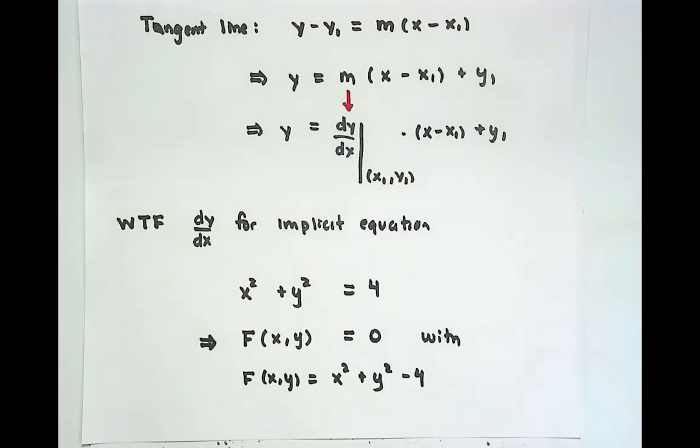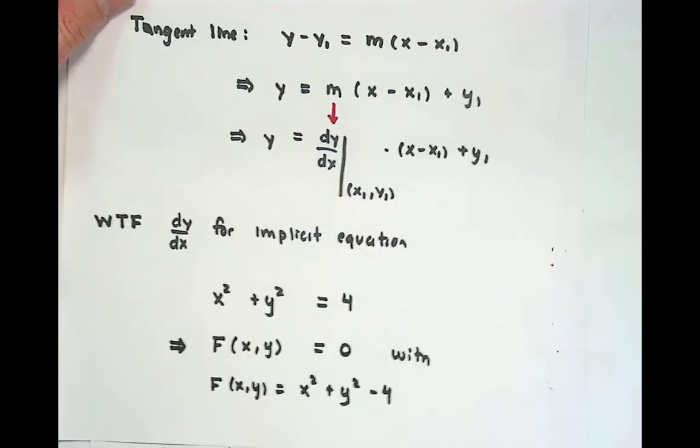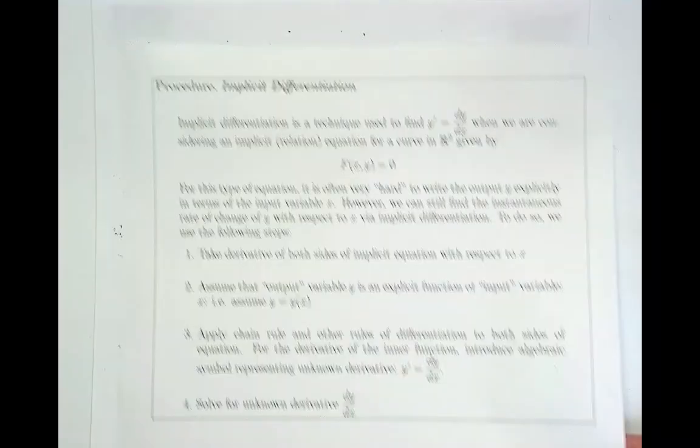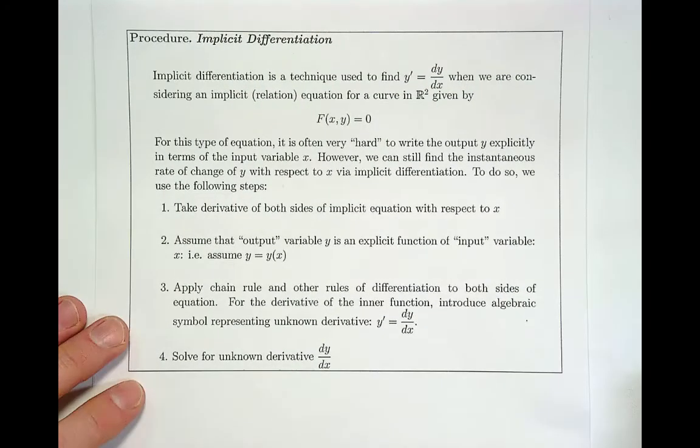And this is where we might want to go back to some of the work we did in Math 1A, the first quarter of differentiation. When you have an implicit equation and you want to differentiate, we used a technique called implicit differentiation.